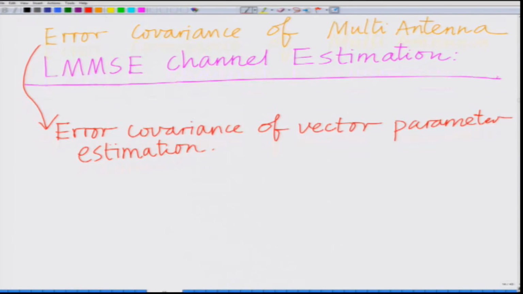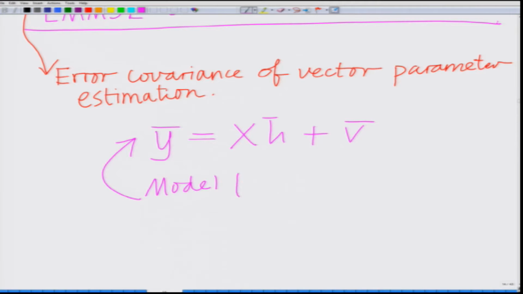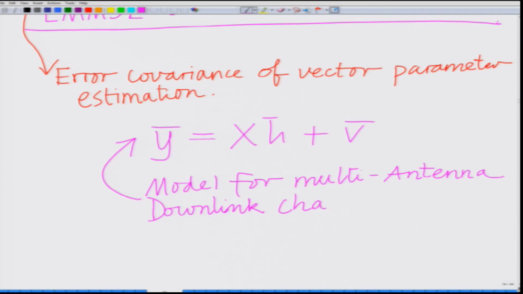We know that the system model for this multi-antenna downlink channel is given as y bar equals X h bar plus v bar. This is our model for the multi-antenna downlink channel.